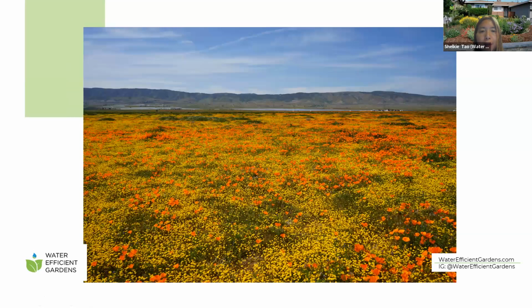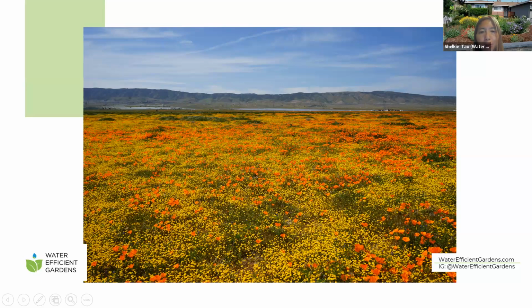This is a picture of the super bloom this year. Last year, because it was a very wet winter, after all those rains, all these native plants just burst into bloom in spring. No one ever went out there to water them, but just by natural water, they grow and bloom like this.